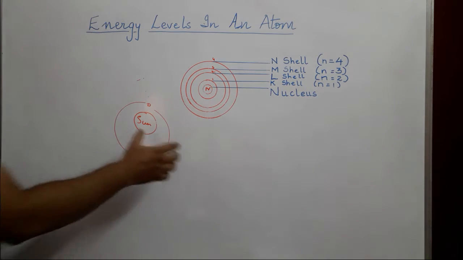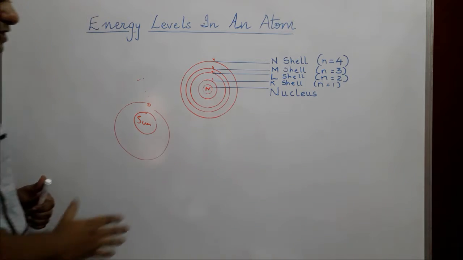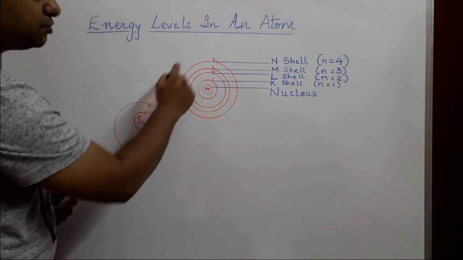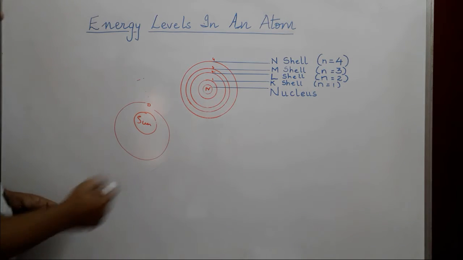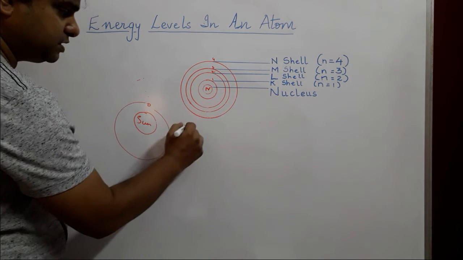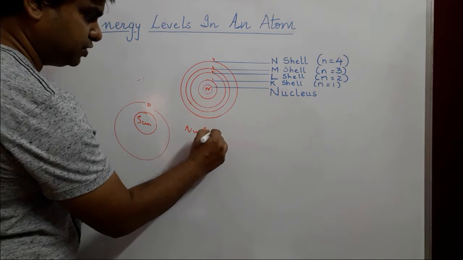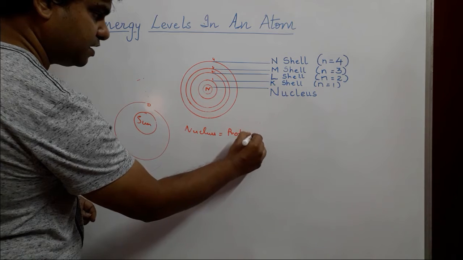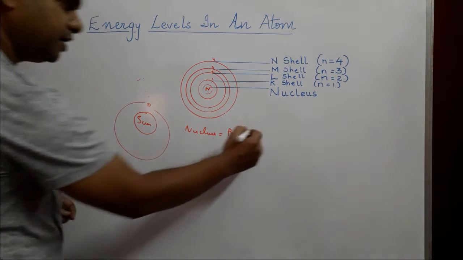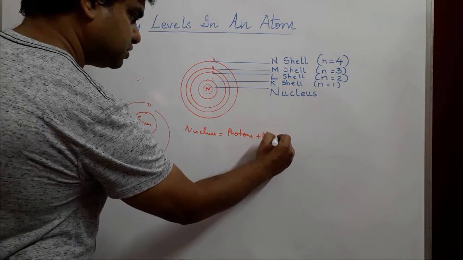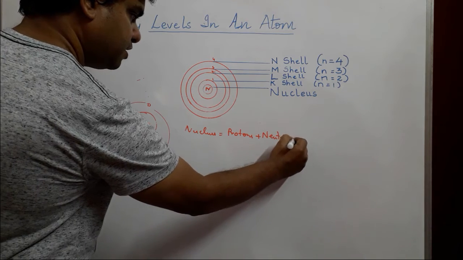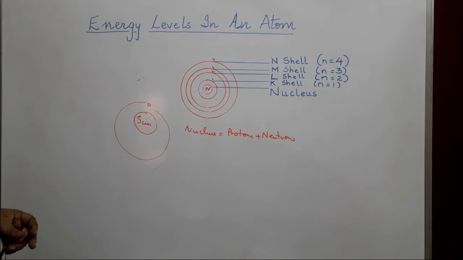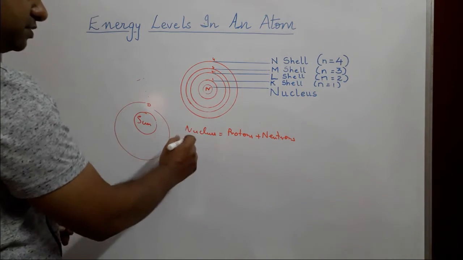Now in an atom, as we said, there is a nucleus and there are electrons moving around it. The nucleus consists of two things. It is made up of protons containing positive charge and neutrons possessing neutral charge, so no charge at all.